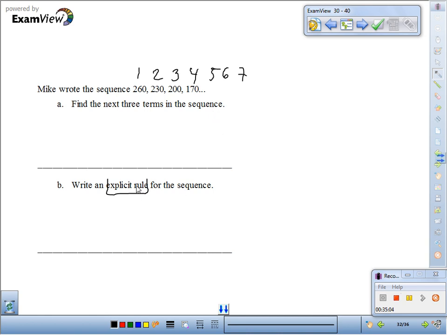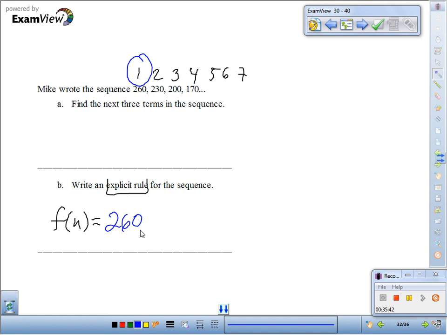All right. So, first things first, to write an explicit rule, look up please, we need to write it in f of n terms. So I'm going to write f of n equals, the first thing that we need is the first term. What is our first term? 260.